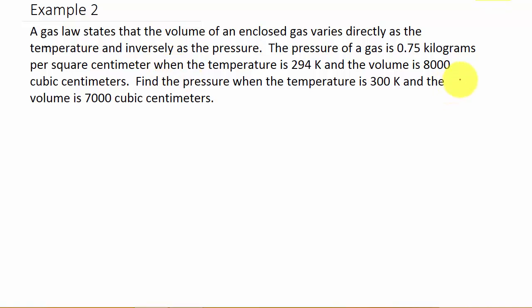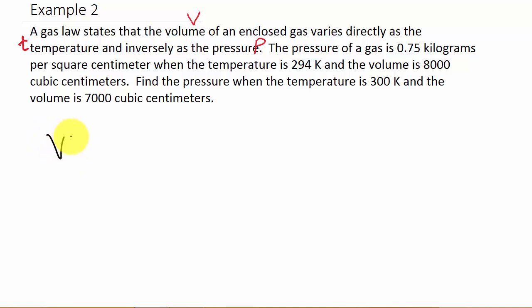Alright, so let's see. The gas law states that the volume, so we're going to let the volume be V, of an enclosed gas varies directly as the temperature, we'll call the temperature T, and inversely as the pressure, so we're going to call the pressure P. Let's go ahead and set up our equation.